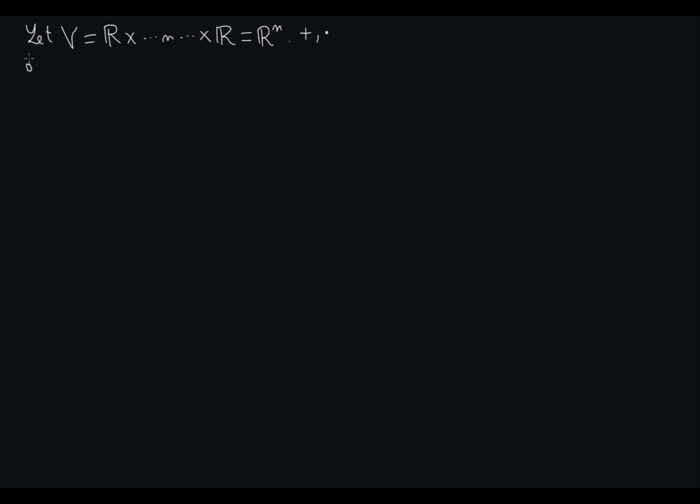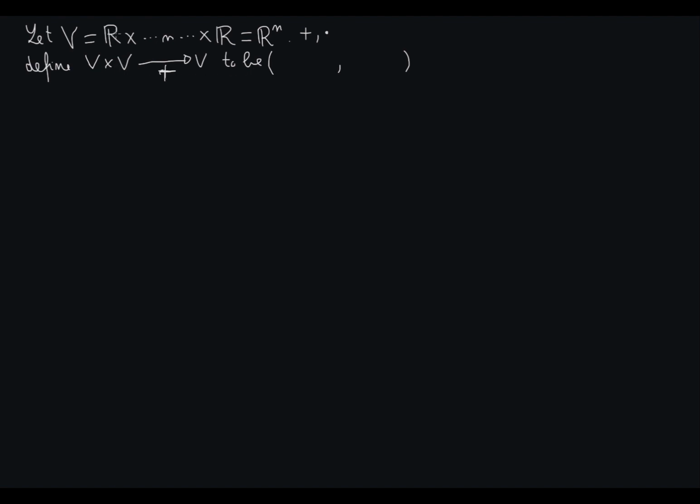So define plus from V times V in V. So we define this function plus to be the following. We have to take a pair of two elements, the first one in the first factor V, the second one in the second factor V also.